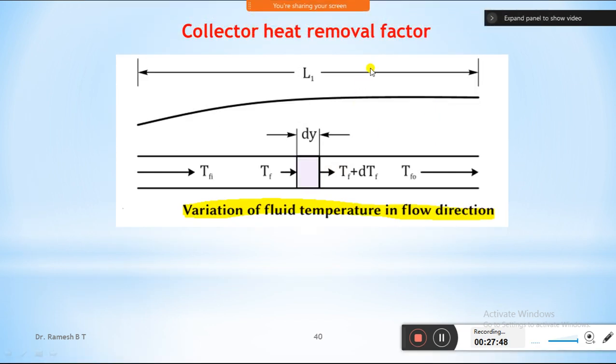And the next is the collector heat removal factor, similar to the collector efficiency factor. Similar to that, we are going to derive one more thing called the collector heat removal factor. Just consider this figure.